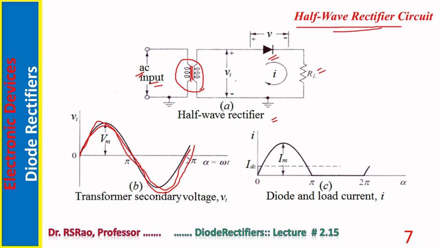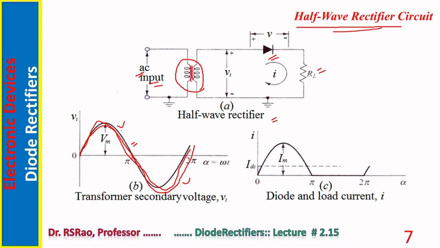Now, one or two points regarding the functioning of the half wave rectifier circuit. This waveform, one can see it is pure AC with no DC. This waveform can be seen as consisting of two half cycles, one positive half cycle, another negative half cycle.